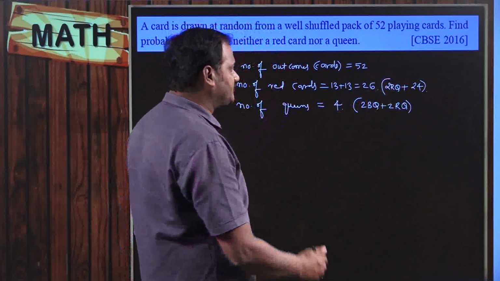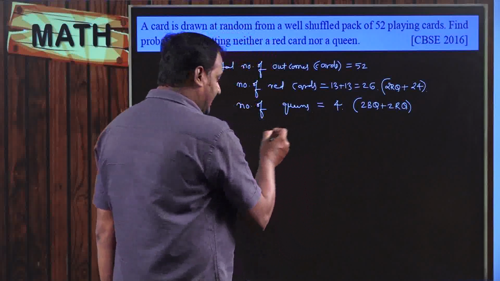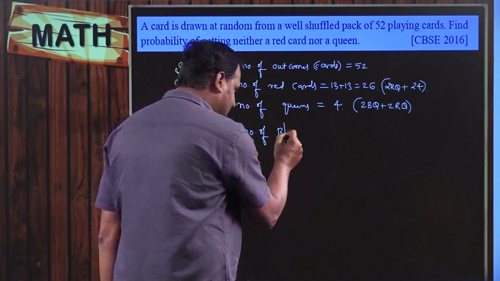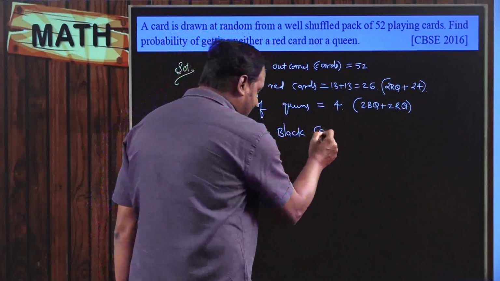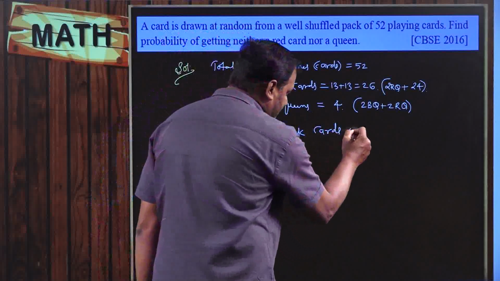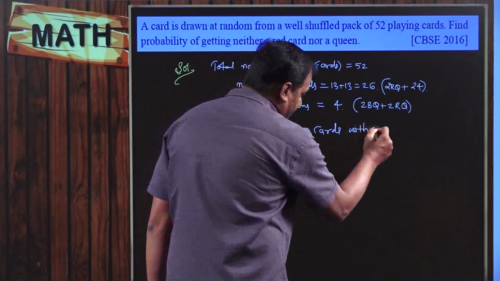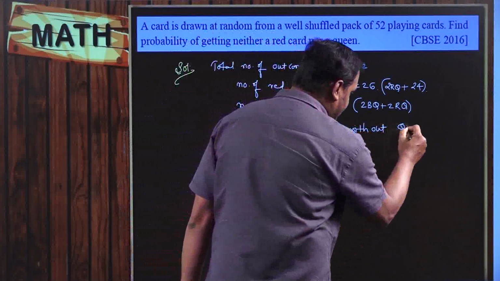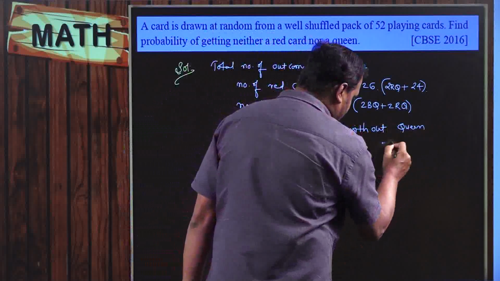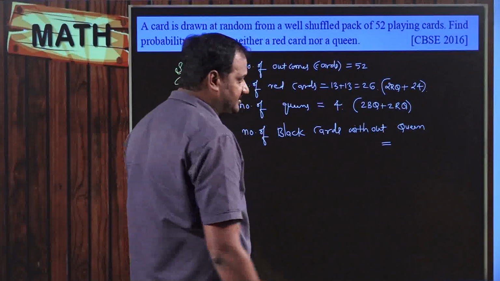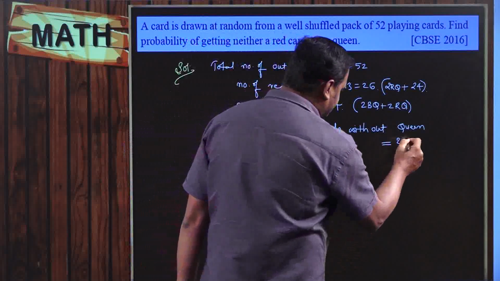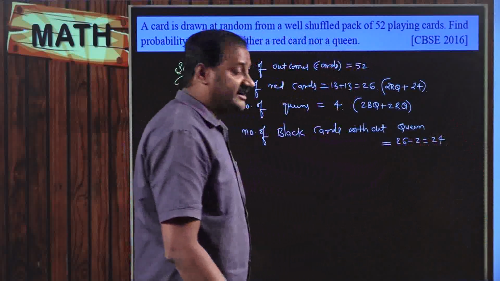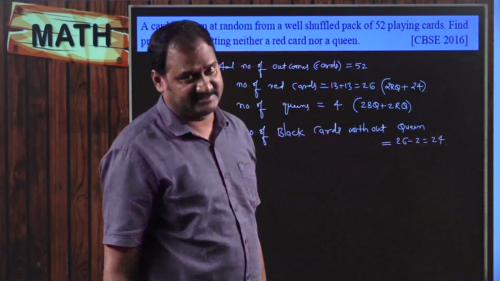So the number of black cards without queen: there are only 2 black queens, so 26 minus 2 is equal to 24. These are 24 black cards, right?